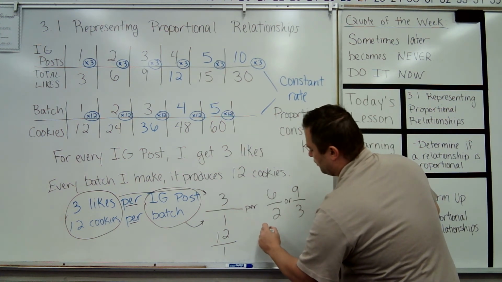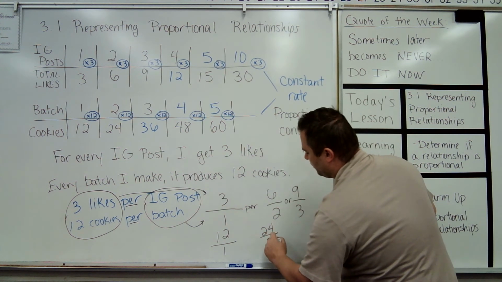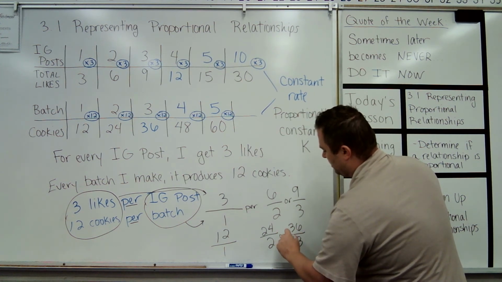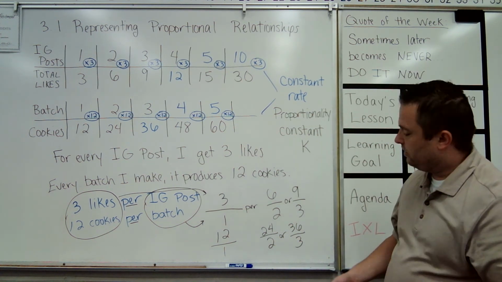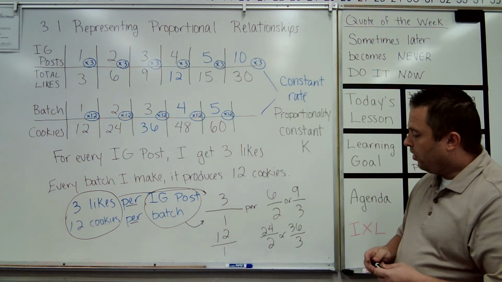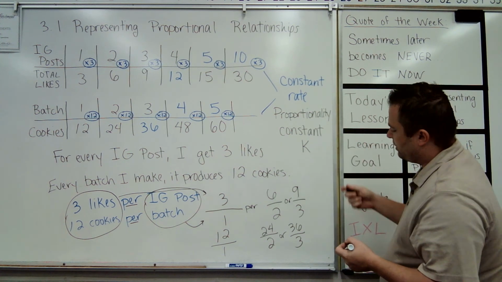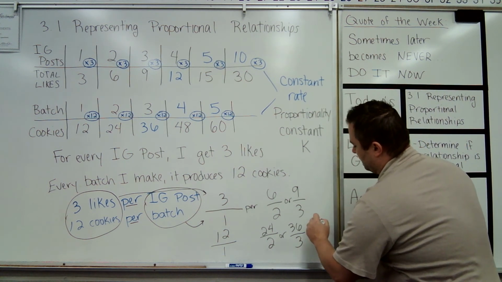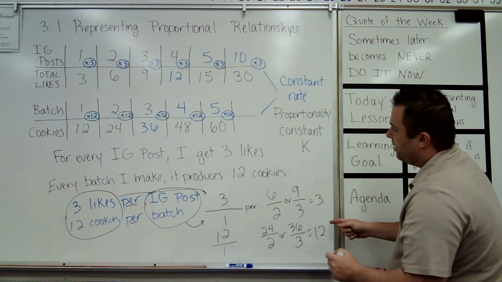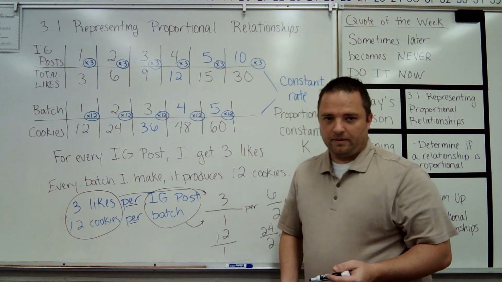I could have used 24 over 2 or 36 over 3. For my fraction busters in here, 24 divided by 2 or 36 divided by 3, all of those will give you a proportionality constant. All of these will give you a proportionality of 12. All of these will give you 3. These are the numbers that we're multiplying by.